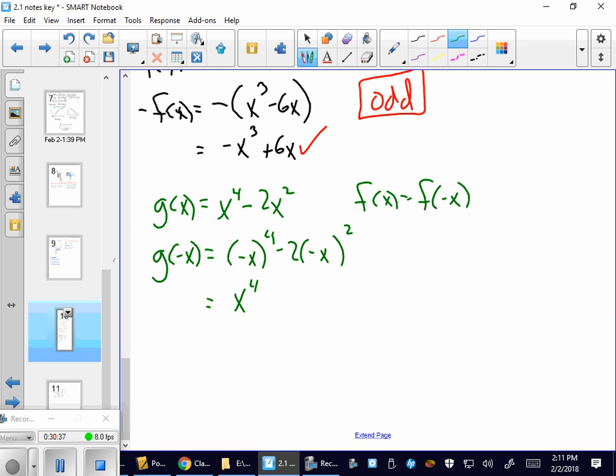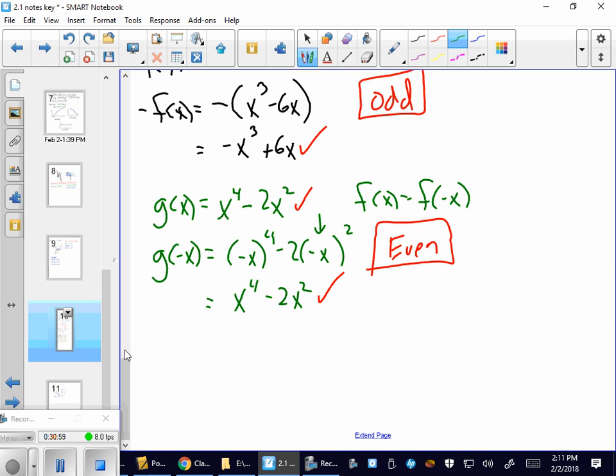Remember to do your simplification first. This negative x squared becomes positive x squared times negative 2 is negative 2x squared. These are the same, which means that this is an even function.